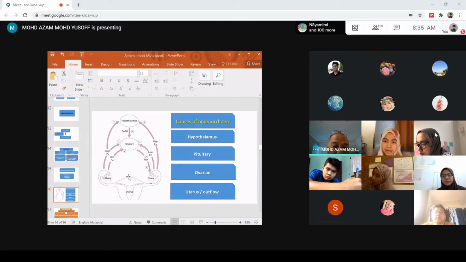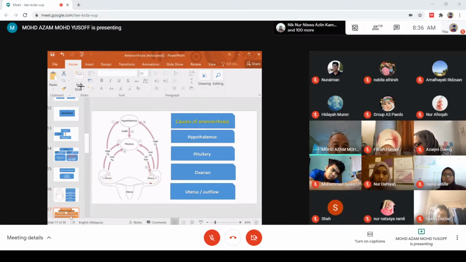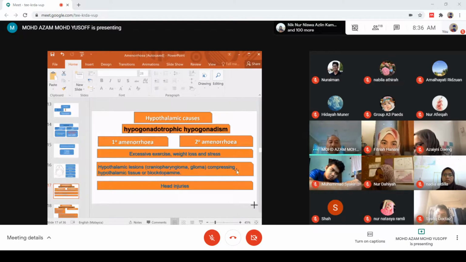Whereas the menses come from the uterus, not from the ovary. So there are two compartments: the hormonal compartment, and the compartment of menstruation, which is the uterus and outflow. Okay, clear?